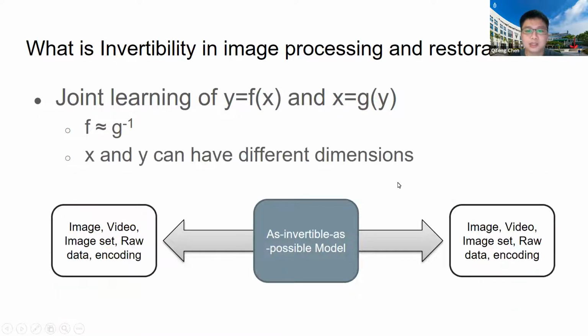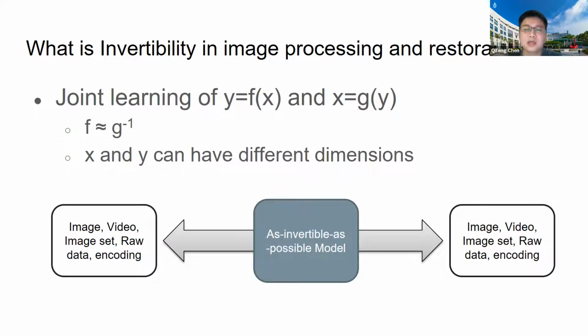And we can generalize such a notion to different modalities. For example, image, video, image set, raw data, or some binary encoding. Let's take an example. If the left side is an image and on the right hand side is a binary encoding, what we want is to minimize the amount of information in the binary encoding.